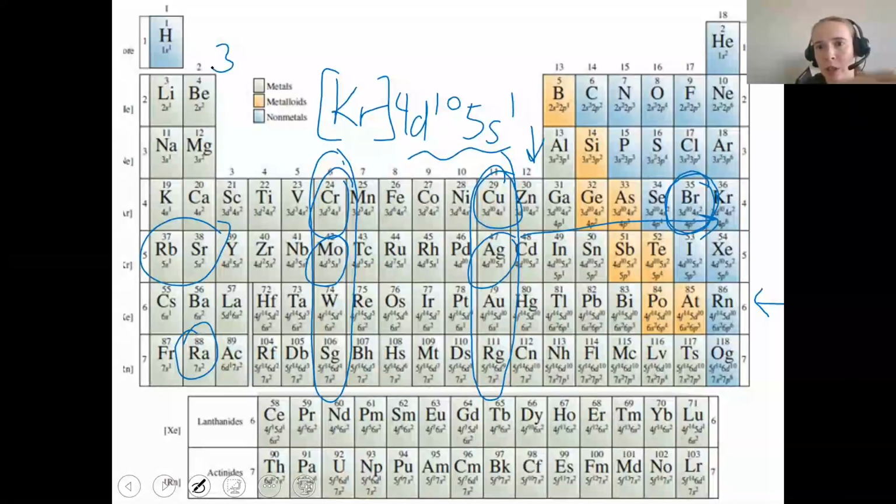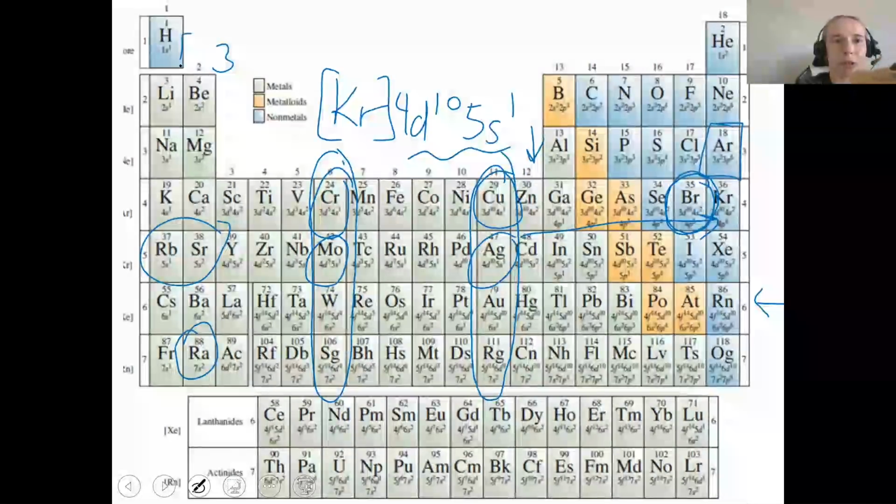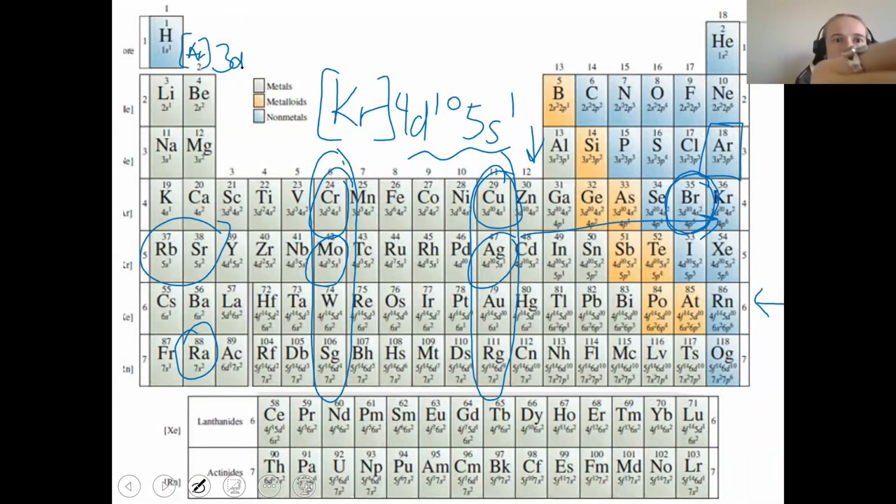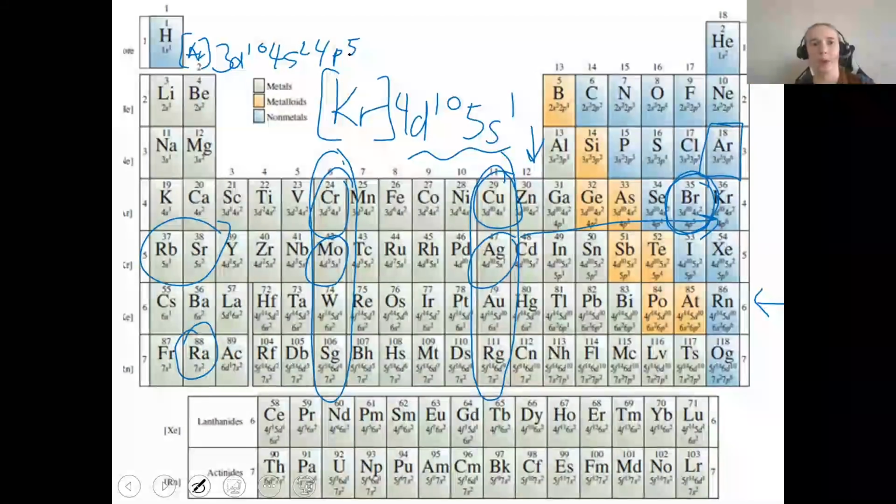After argon, the previous noble gas, we've got 3d10, 4s2, 4p5. It's a little hard to read, but that's what it says.